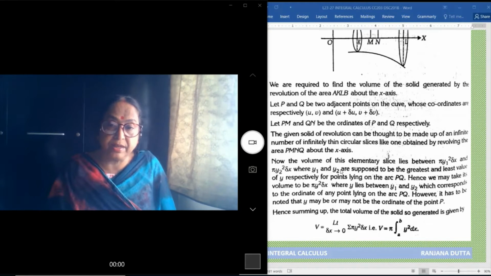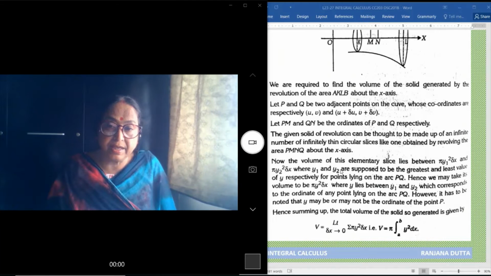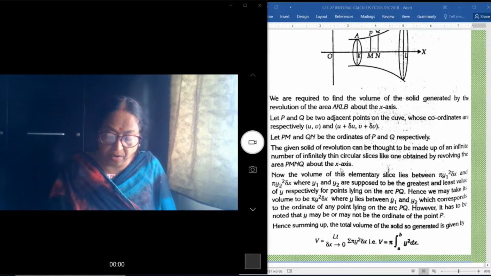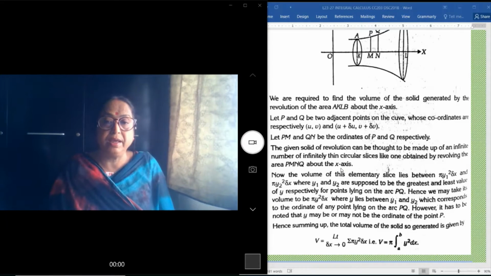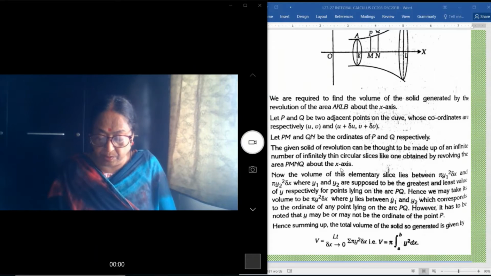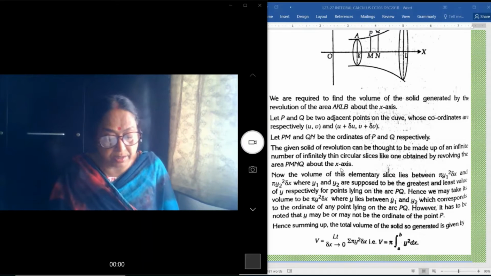If the function is in the form x is equal to f(y), then volume will be pi x square dy. The limit for y is alpha to beta.